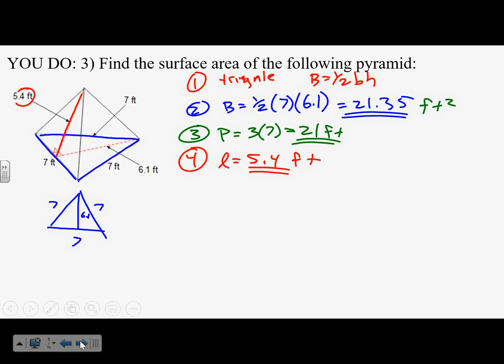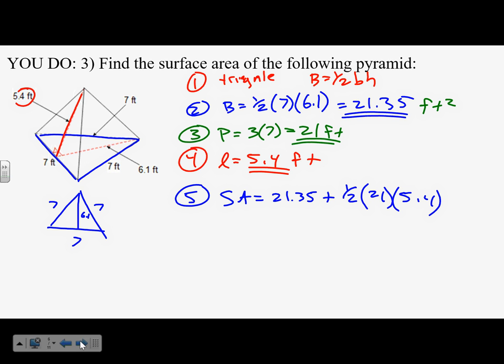And so that means in this fifth step, all we have to do is plug that in. 21.35 plus 1/2 times the perimeter, which is 21, times the slant height, which is 5.4. Is 21.35 plus 56.7 is 78.05 feet squared.